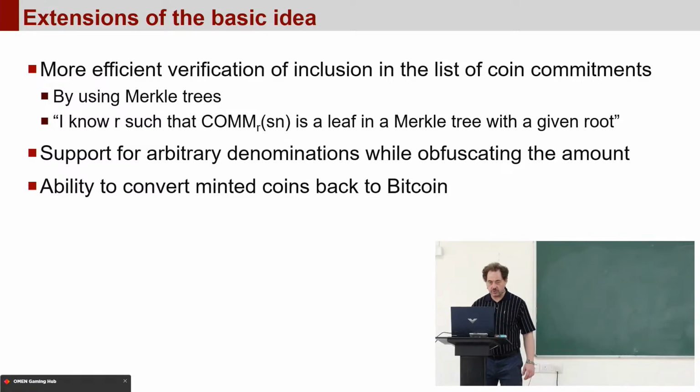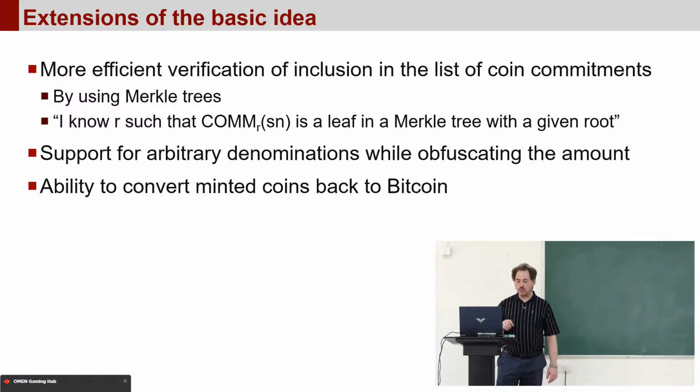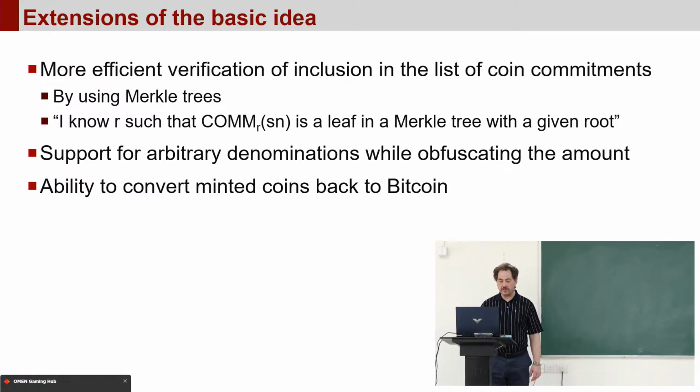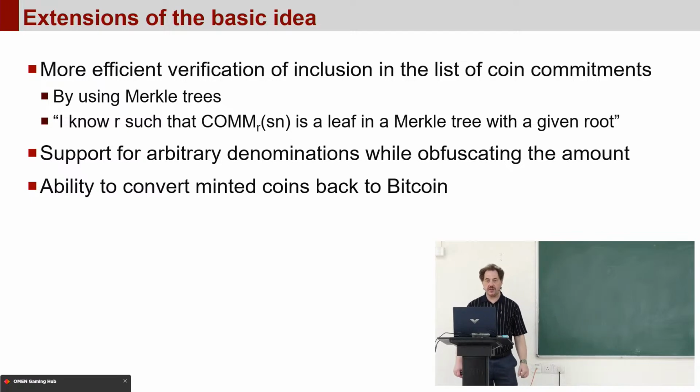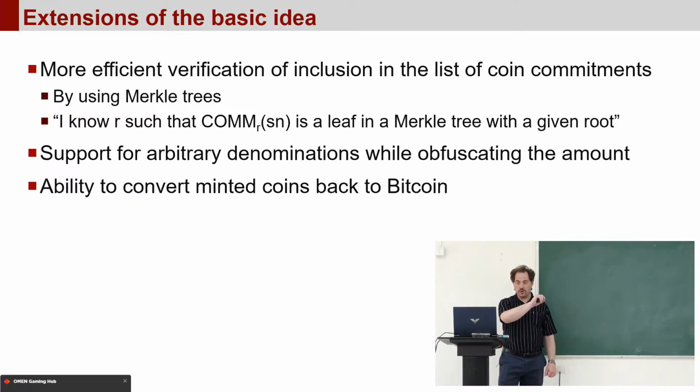Instead, they use a Merkle tree to organize all commitments, and then they could prove the following: I, the sender, know the secret such that the commitment is a leaf in a Merkle tree with the given root. And that operation is much faster than sequentially going over the list of all commitments.